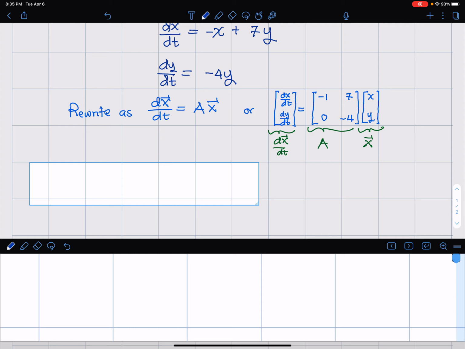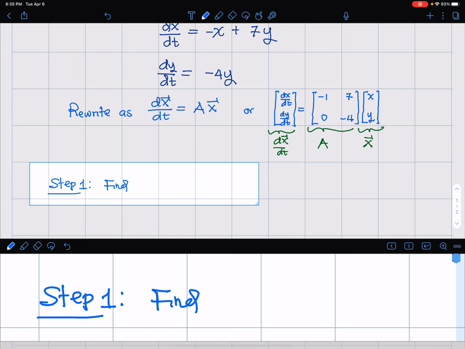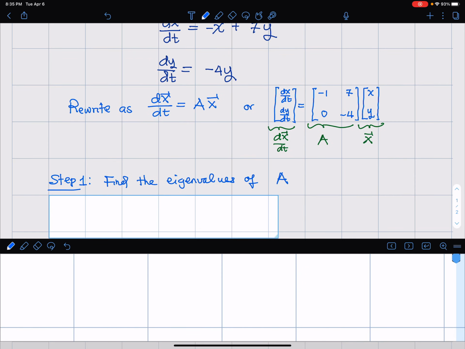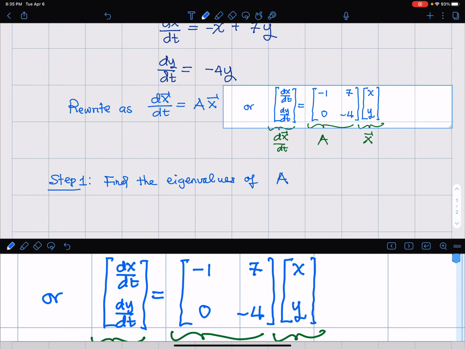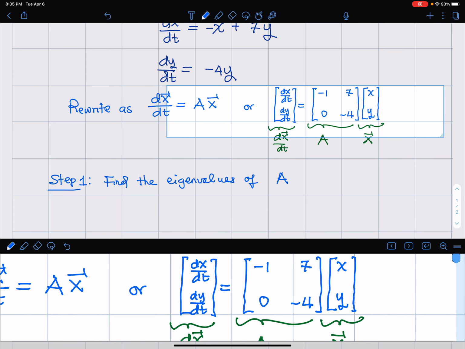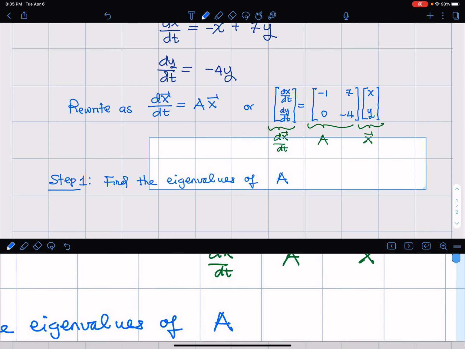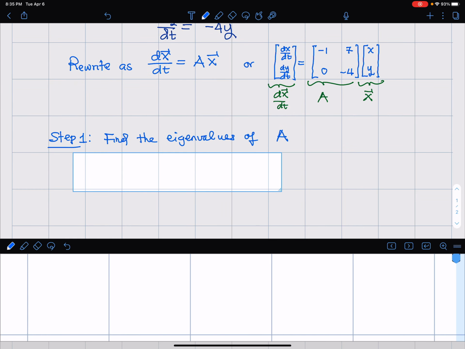So the first step, step 1, we find the eigenvalues of A. If you've taken linear algebra, you can actually easily tell what the eigenvalues of this kind of matrix are, but let's solve it together.